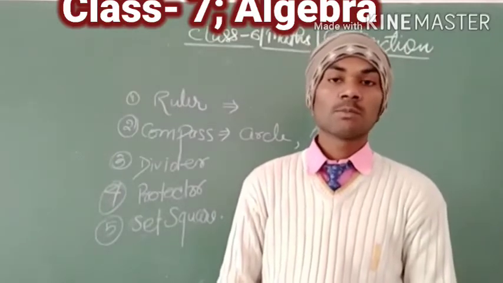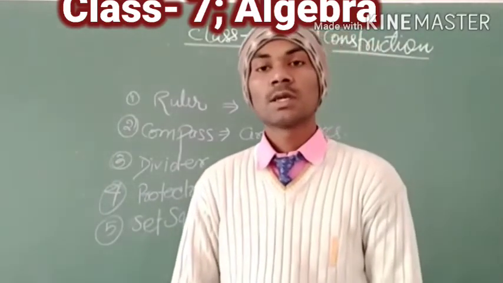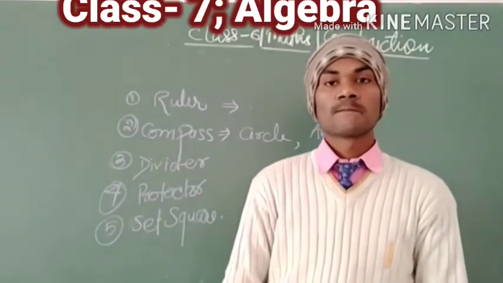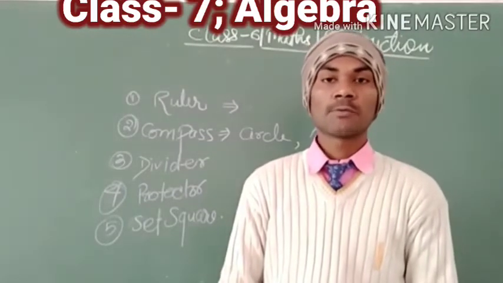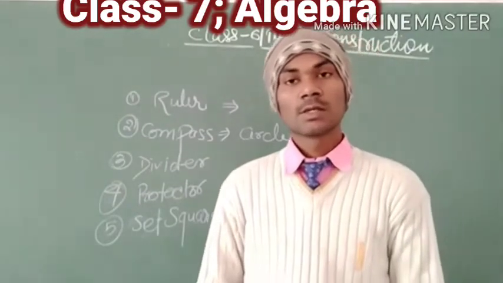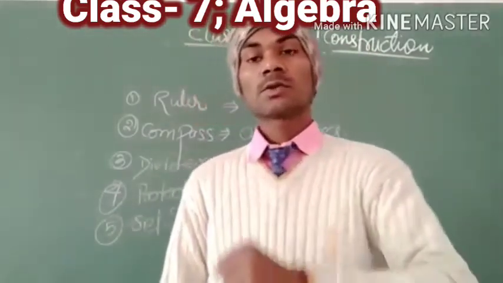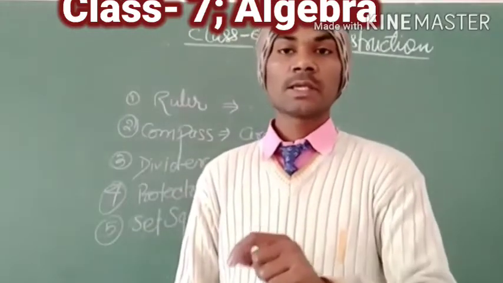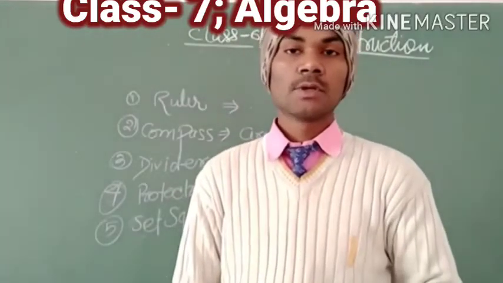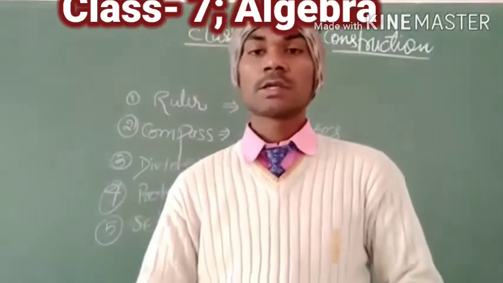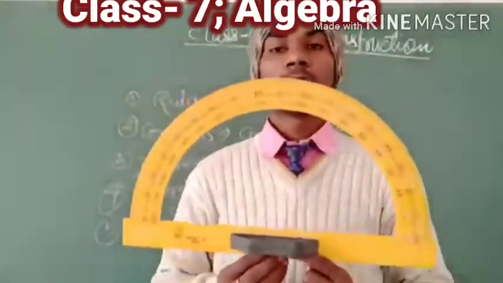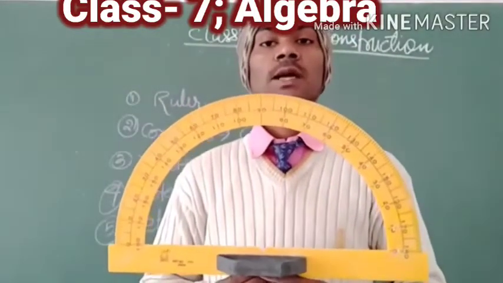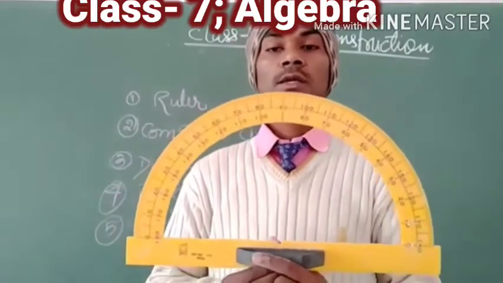The next is the protector. Protector is the most important tool in construction. It is used to measure the angle of a given figure. The protector looks like a semi-circle.